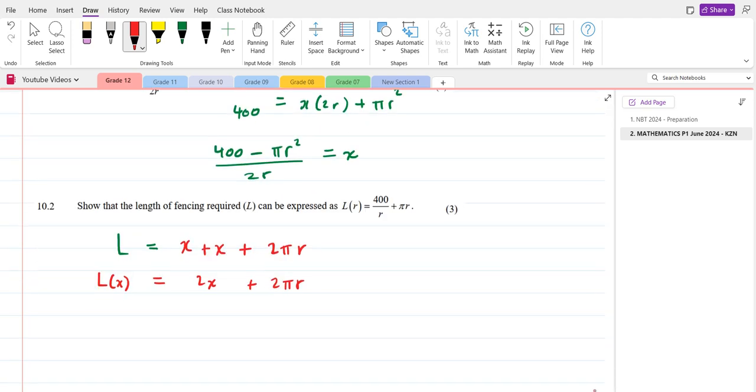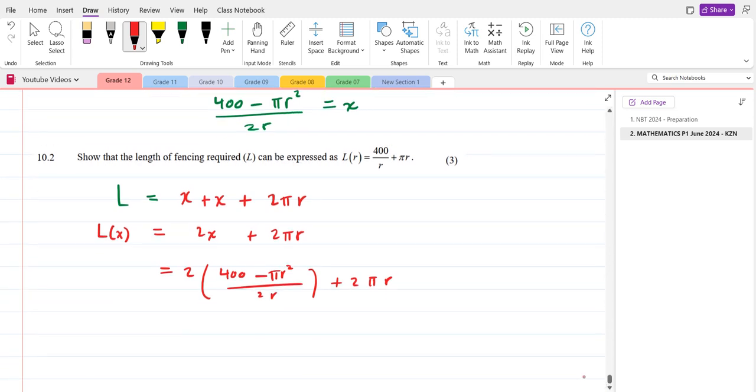Now we know what x is. x is 400 minus pi r squared over 2r. So you can say 2 into 400 minus pi r squared over 2r, plus 2 pi r.